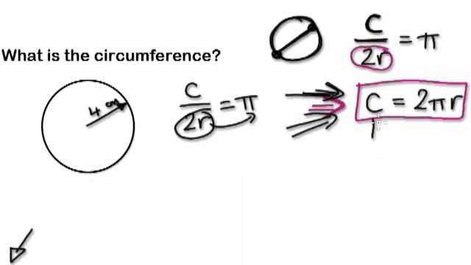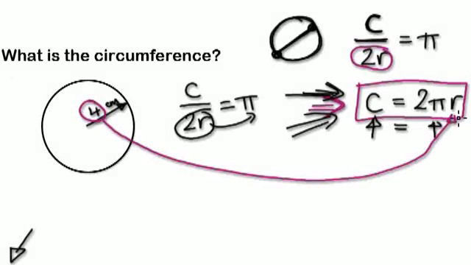So here, if you look at the formula, it's saying the circumference is this, whatever this is. So this is the radius here, 4. So let's put the 4 into the radius. So it will be C equals 2 pi, and the radius is 4, so put the 4 in here.